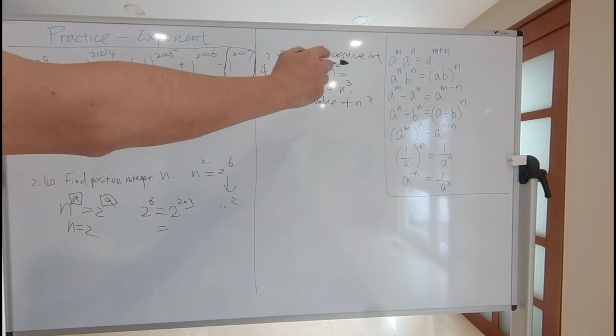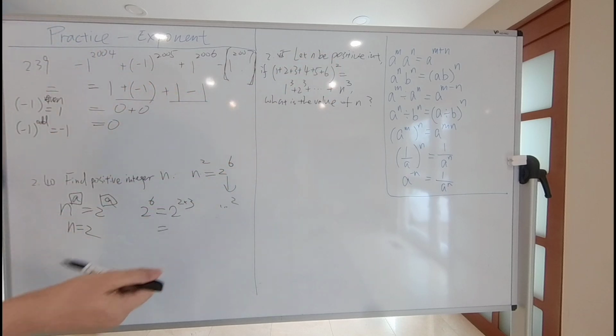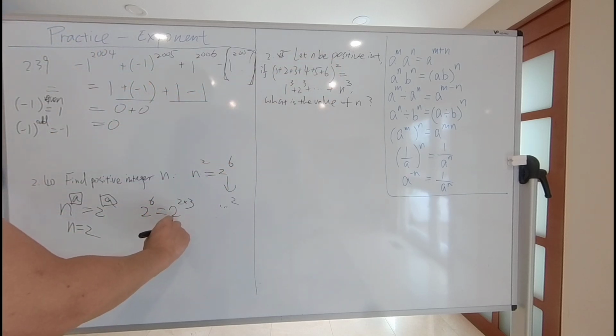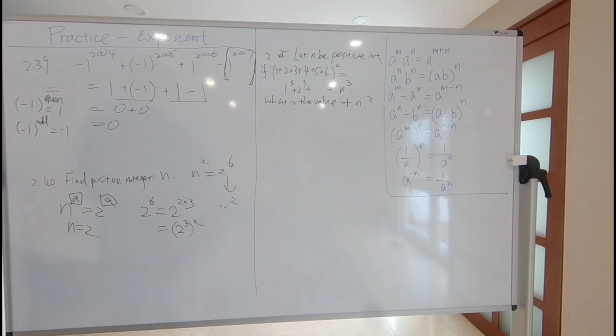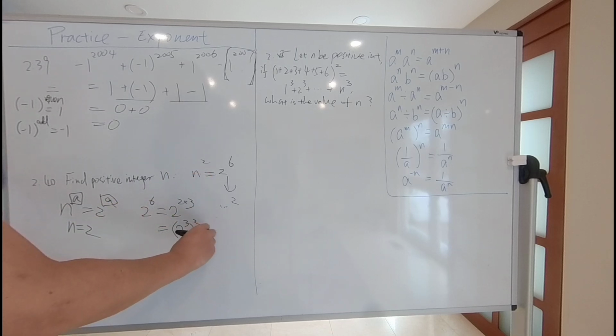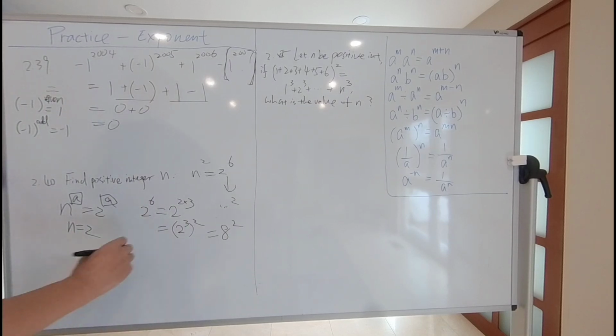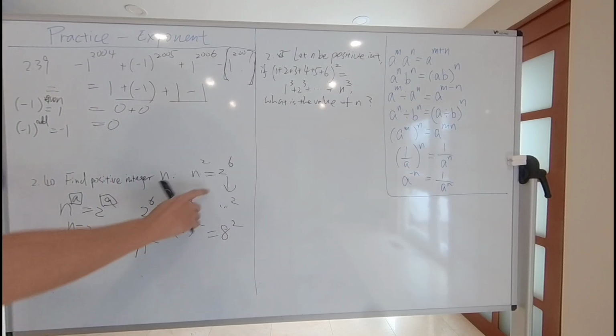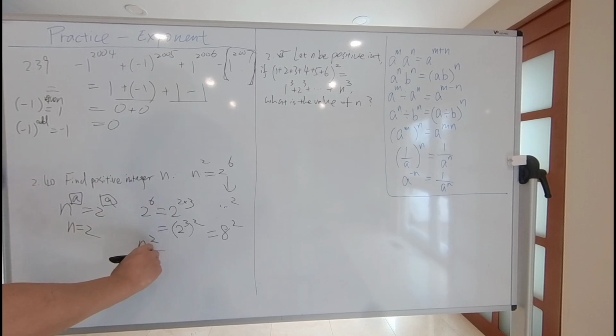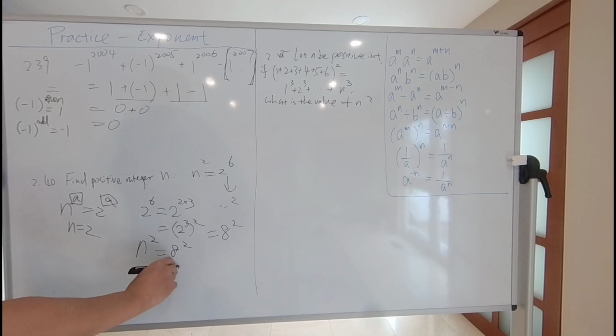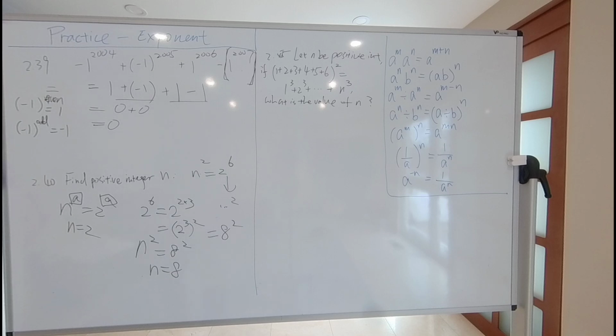Then remember one of the formulas over here that we can borrow, such that this is equivalent to 2 cubed and then taking the square, right? It's equivalent because 2 times 3 equals 6. And then 2 cubed is 8, so it equals 8 squared. So now, instead of the original question, I have n squared equals 8 squared. Then I'm confident to say that n must be equal to 8. Right, so this is how we solve this question.